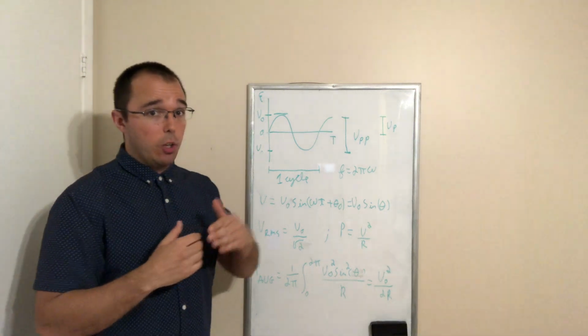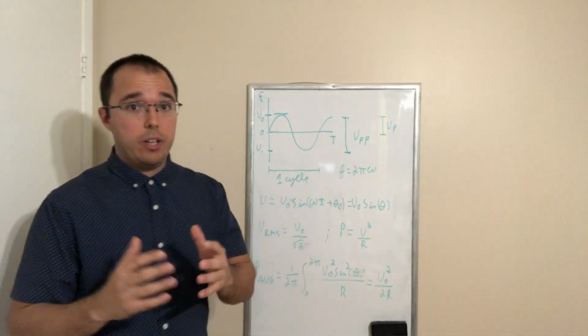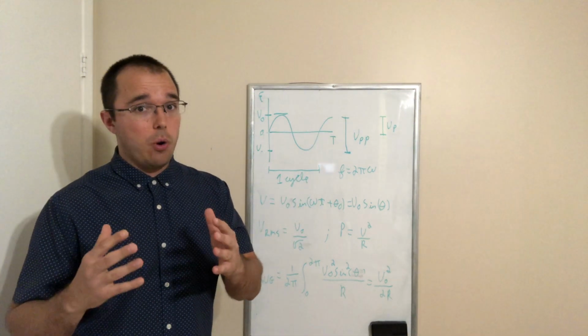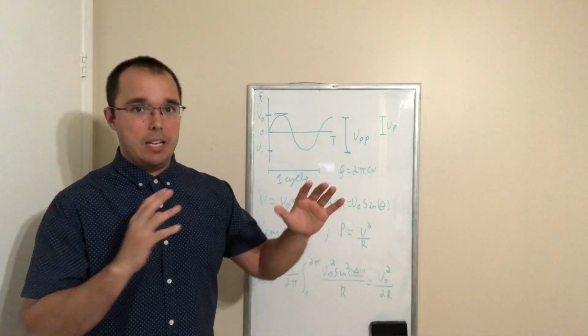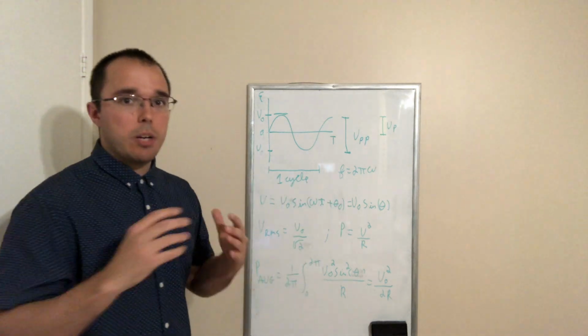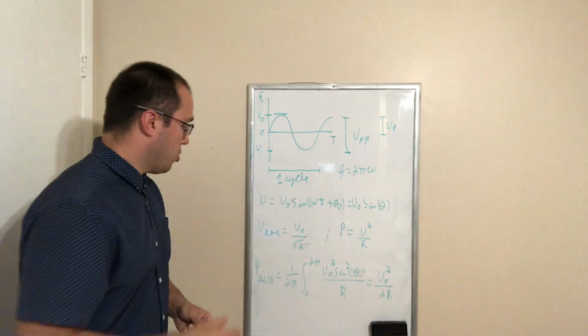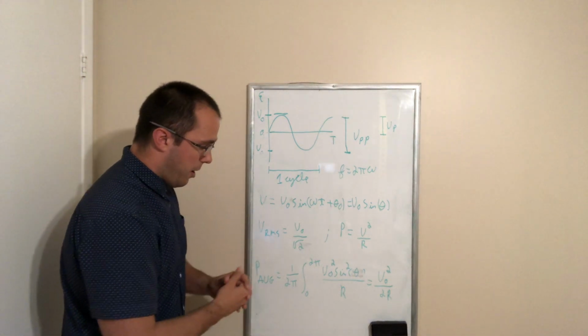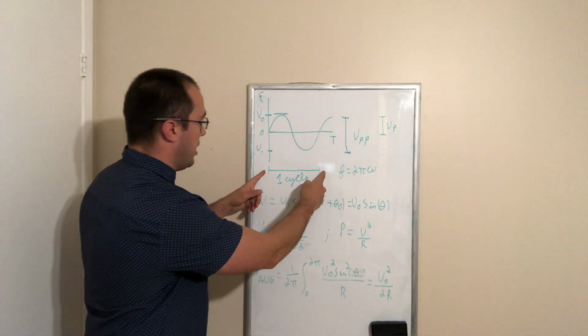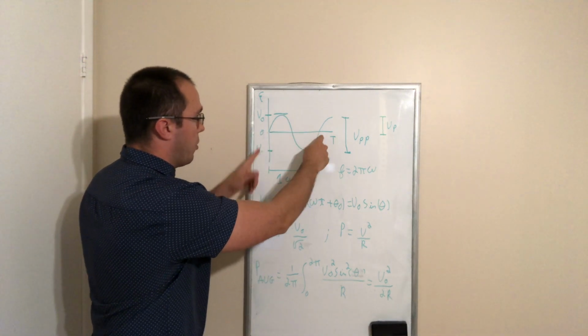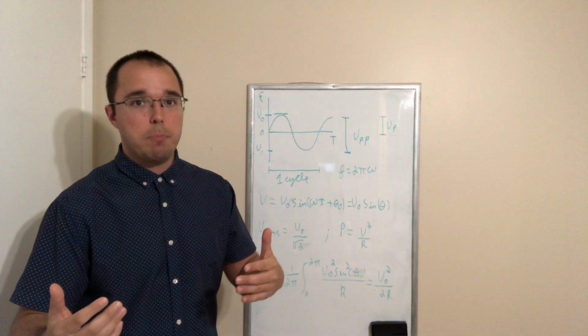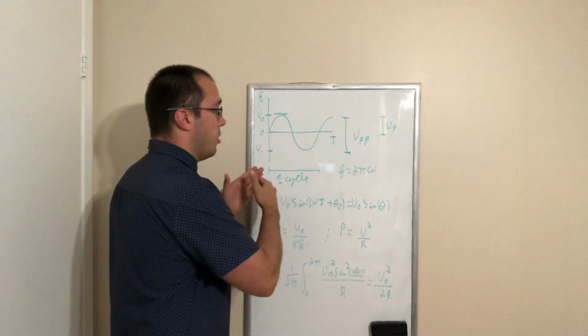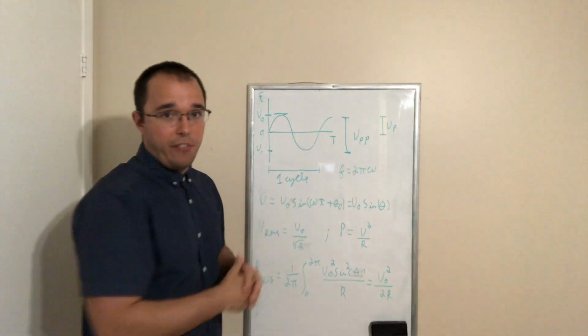Now note, the voltage is fluctuating, the current is fluctuating, therefore the power will fluctuate at any point in time, but here we are interested in finding the average power. So to find the average power, you take one cycle that you want to integrate. We want to find the average power over one cycle, and we'll see that this average power is the same no matter if you consider 2, 3, 4, or 5 cycles.